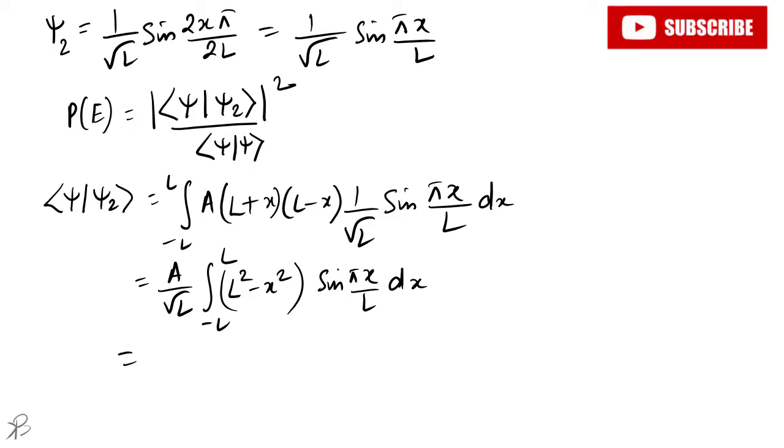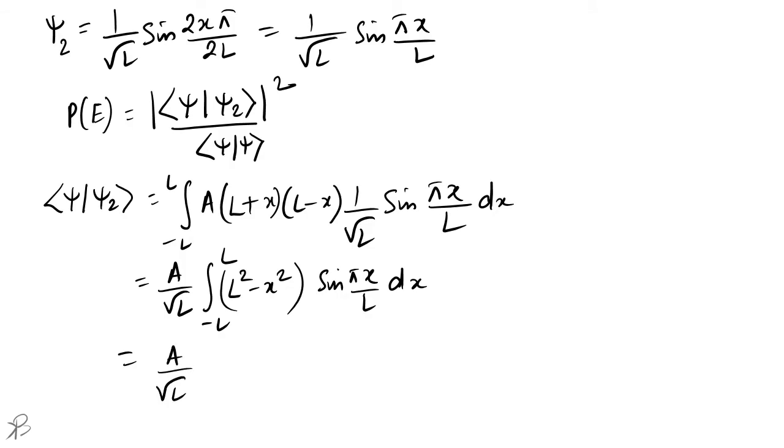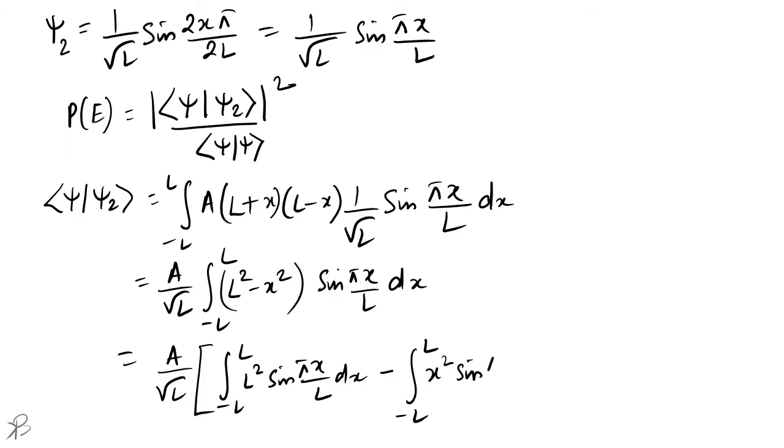You can break the integral into two parts, and you can write it as A by root L, open the bracket, integral from minus L to L of L square sine pi x by L dx, and you have the other integral, that is minus the integral from minus L to L of x square sine pi x by L dx.